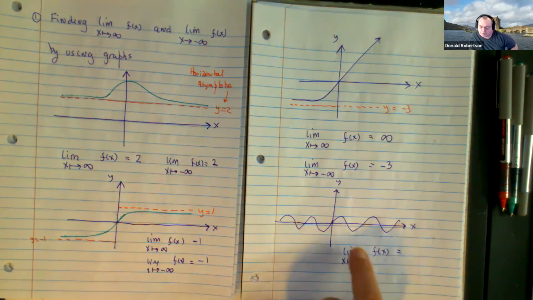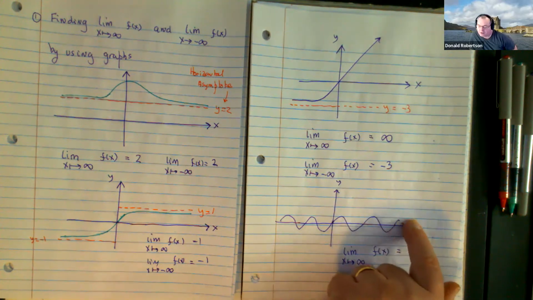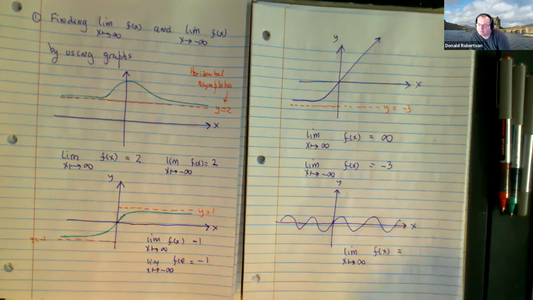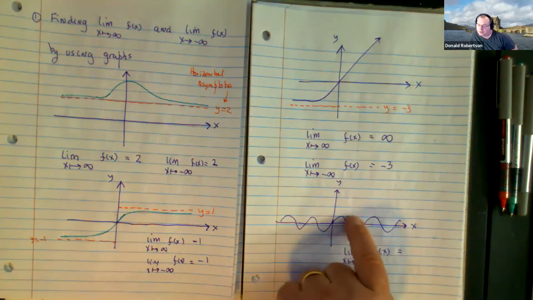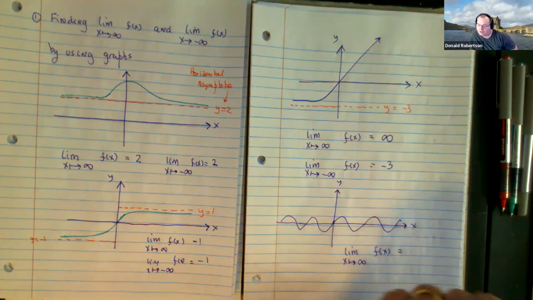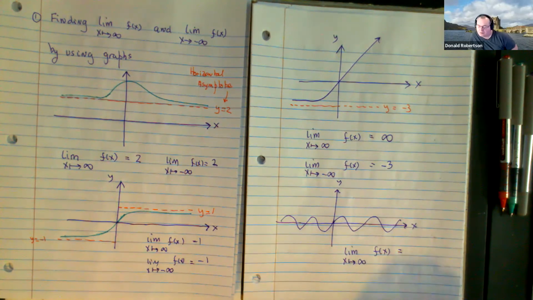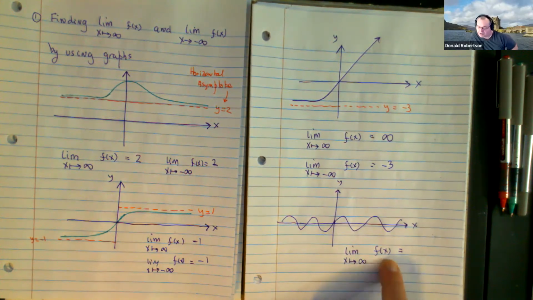Let me phrase it differently. Is this function leveling off at any number? Is it leveling off at 2? Is it getting closer and closer to 2 as x gets infinite? No. Would you agree this goes up and down forever? So one last try. What do you think this limit is, if it has one?